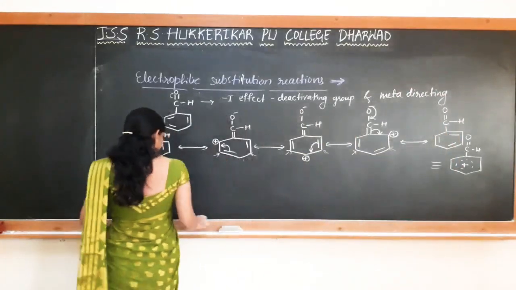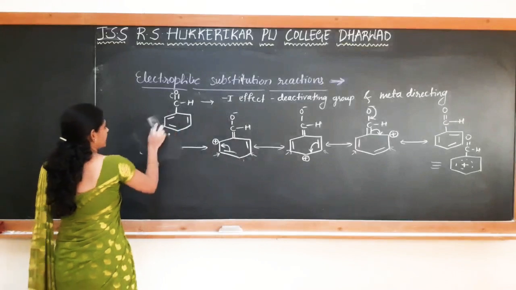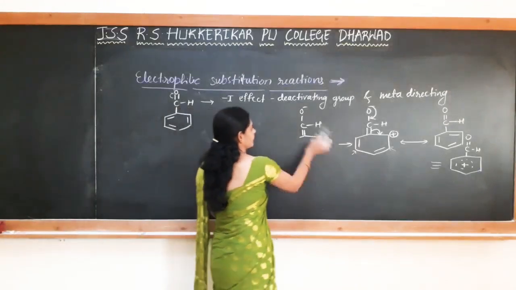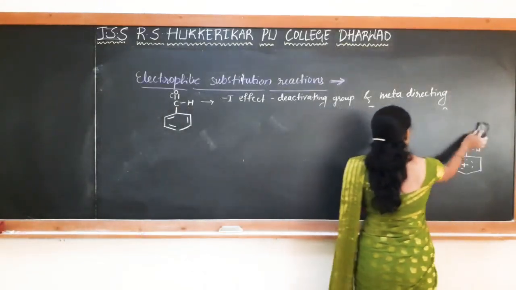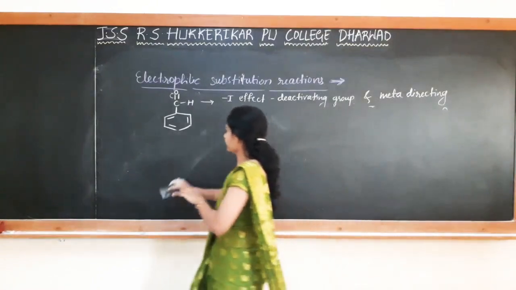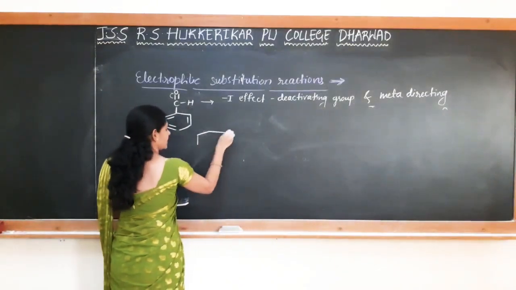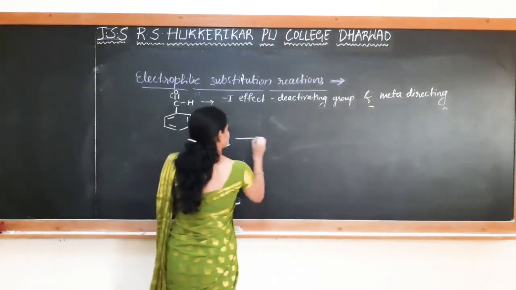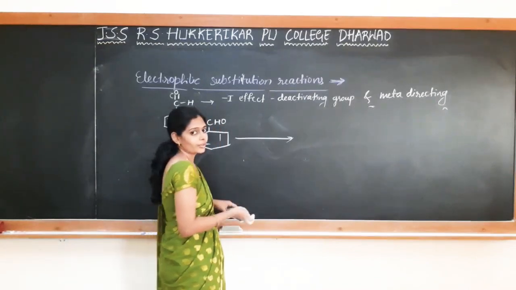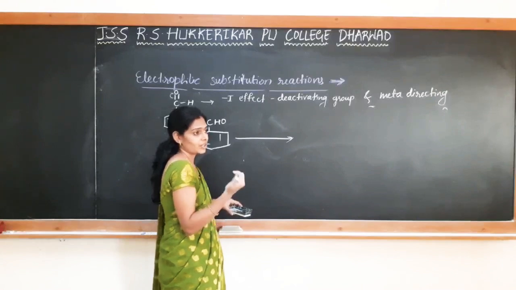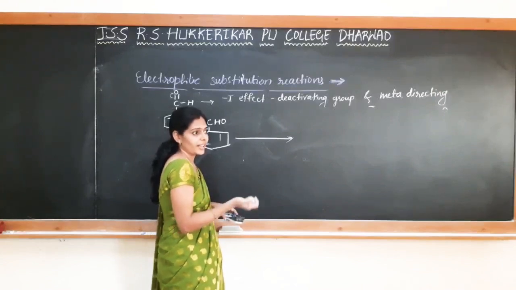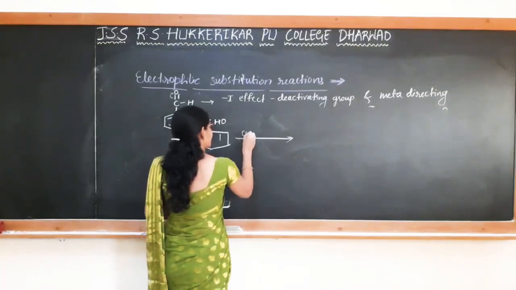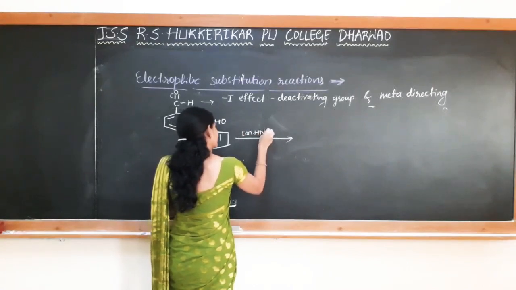One example I give here: if I take benzaldehyde and subject it to nitration, for nitration what do we have to use? We have to use nitrating mixture, a mixture of concentrated sulfuric acid and concentrated nitric acid.